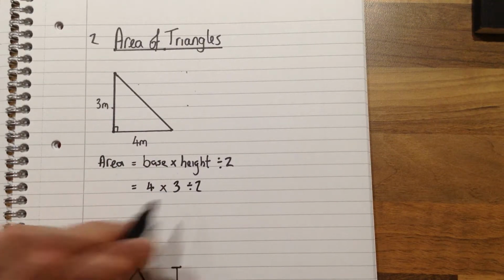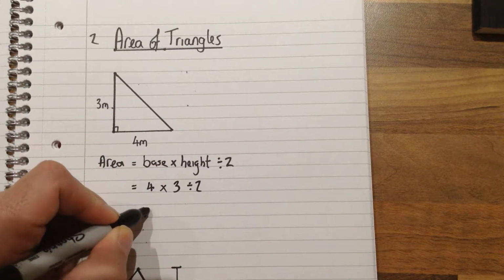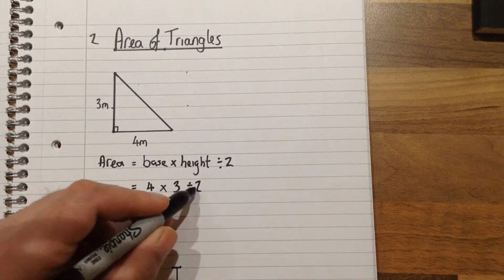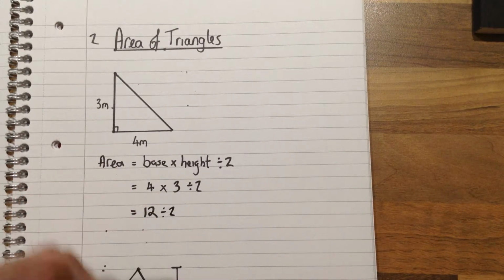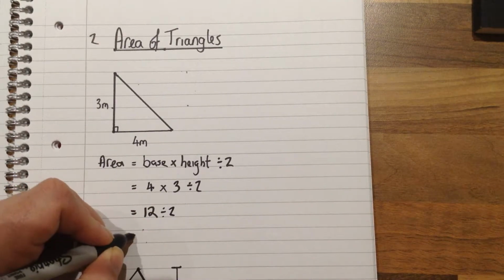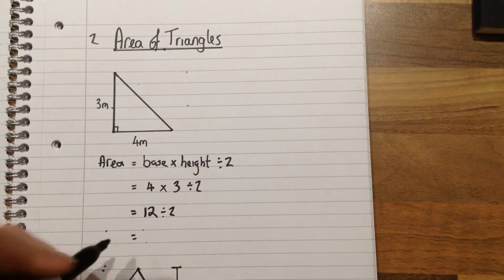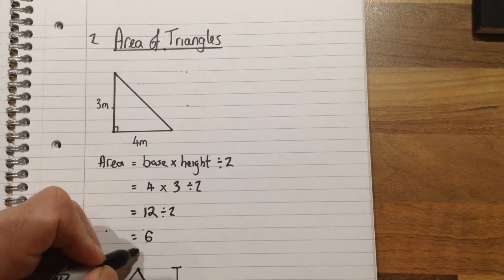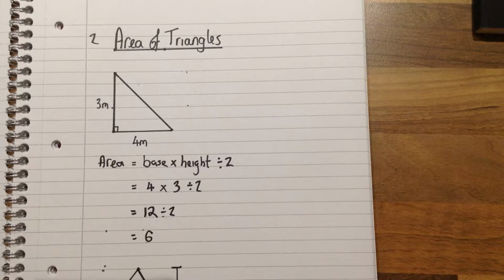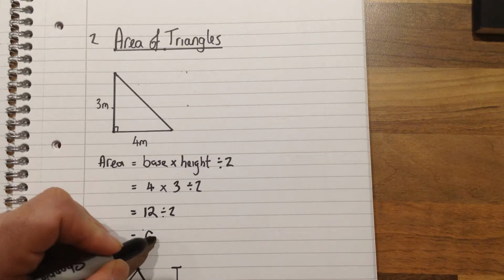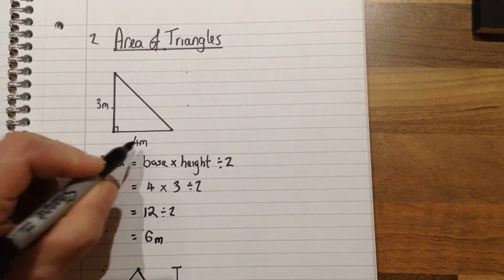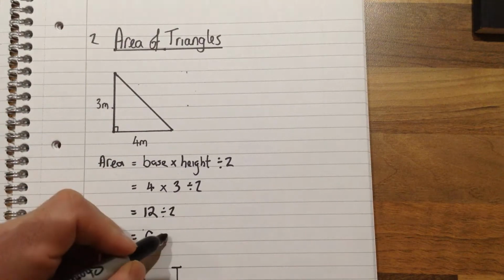Now 4 times 3 is 12, divide that by 2, that gives us that the area of this triangle is 6, and then just like last lesson, because we're looking at area, the units are going to be meters, because that's what the units here are, squared.